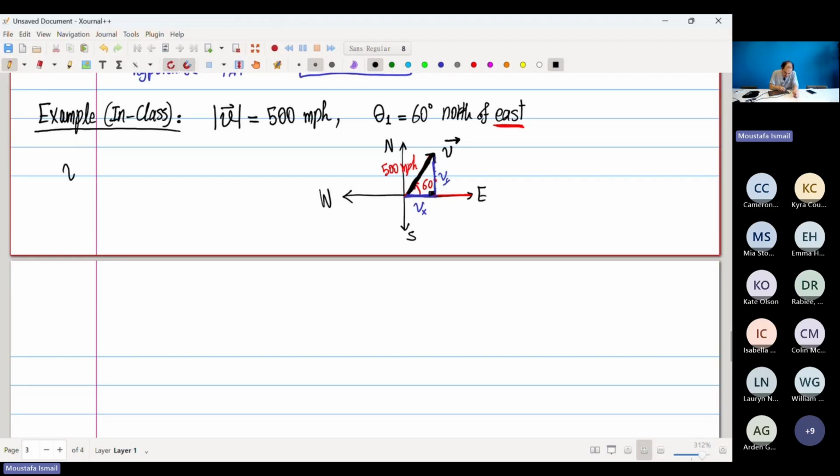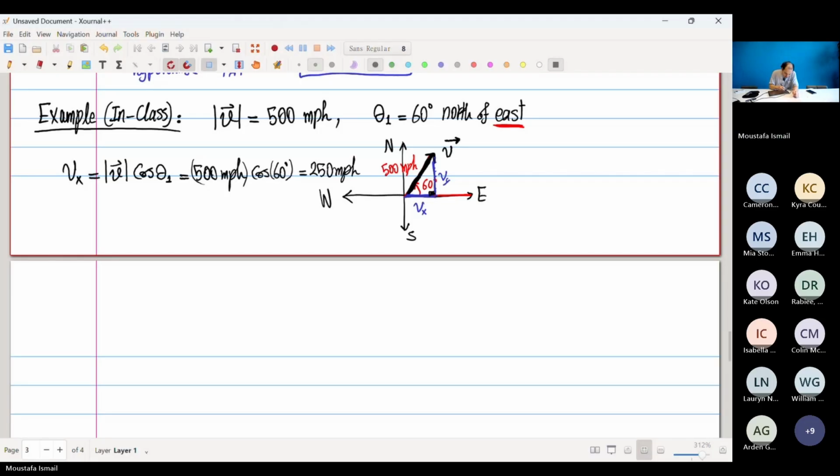So Vx is simply the magnitude of V times cosine of the angle. I'm calling it theta 1 because that's problem number 1. This is 500 miles per hour cosine 60, and that's just 250 miles per hour.